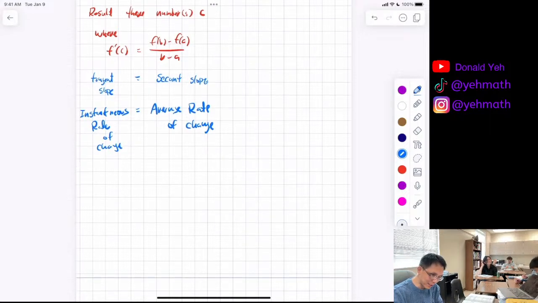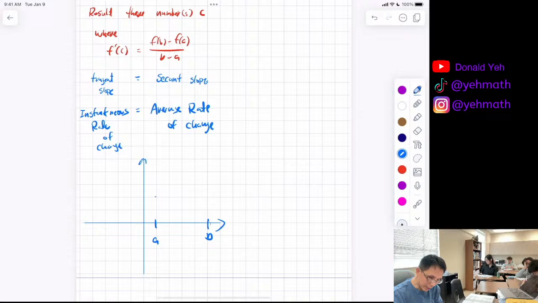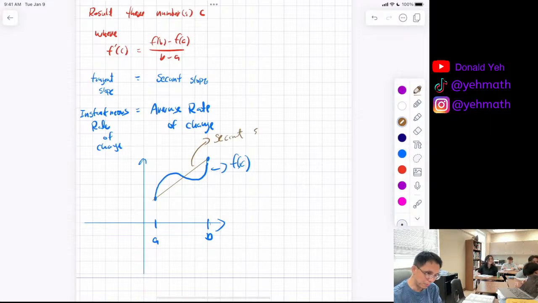Not only that, you can see the graph that is going to be from a to b, and you have 2 points like this, and you have some type of graph like this. This is f of x. This is called a secant slope.